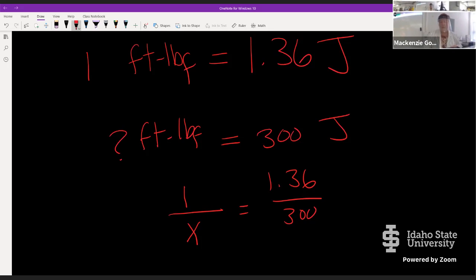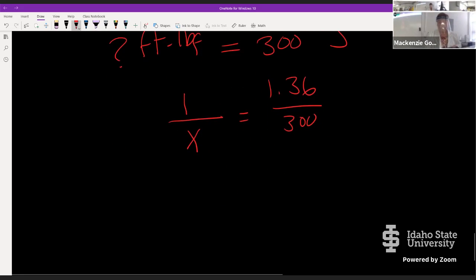I want to essentially get this x by itself, so I'm going to do a little bit of algebra to do that.